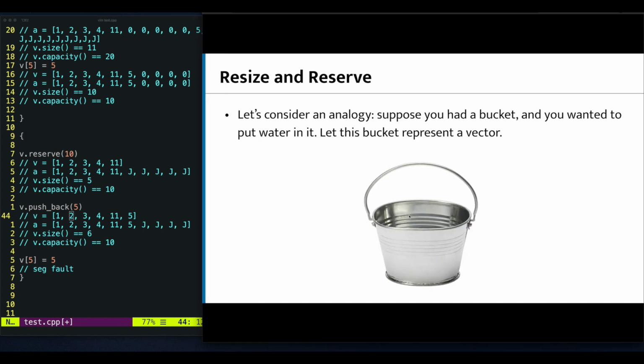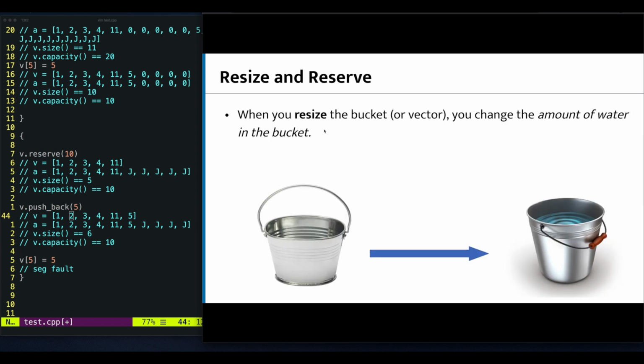Just to cement things, I'll use an analogy about a bucket very quickly, but it is the same as this. So let's pretend our bucket is our vector, and we want to fill it with water. So when we resize the bucket, or in code it's our vector, we're changing the bucket.